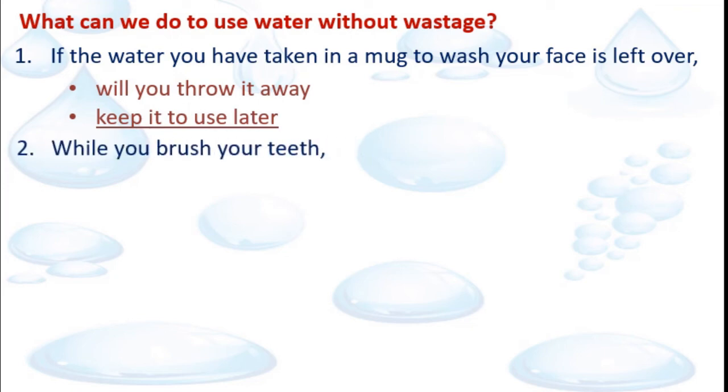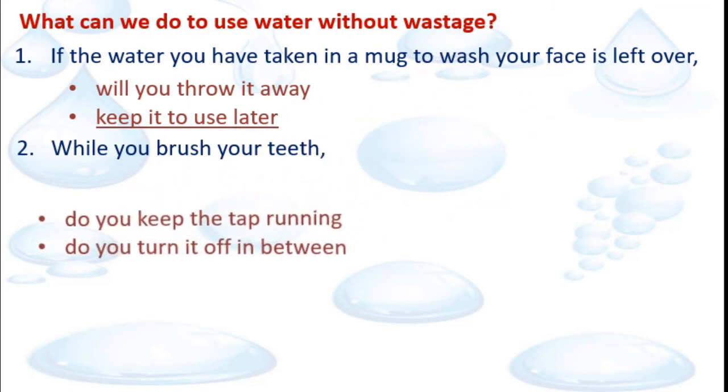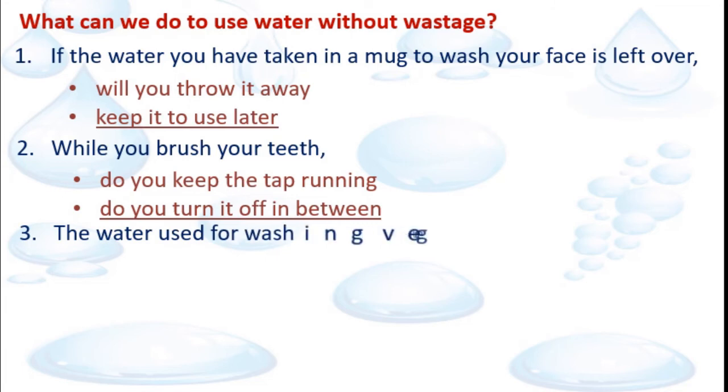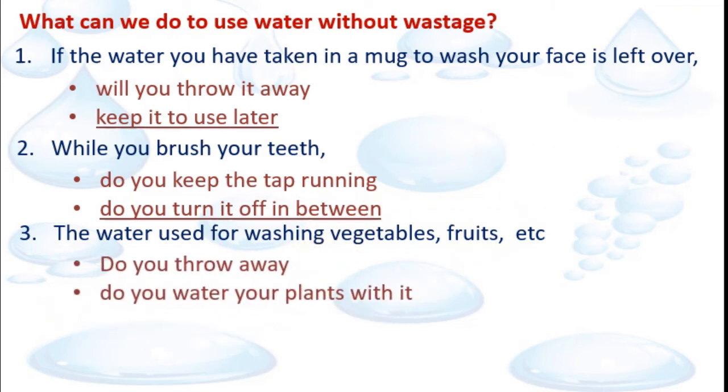Second, while you brush your teeth, do you keep the tap running or do you turn it off in between? Yes, you are good. We turn it off in between. Third one, the water used for washing vegetables, fruits, etc. Do you throw away that water or do you water your plants with it?